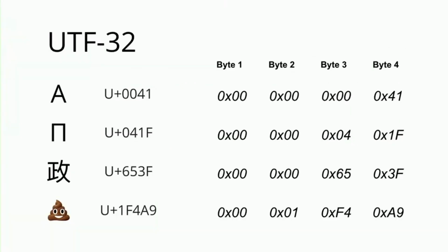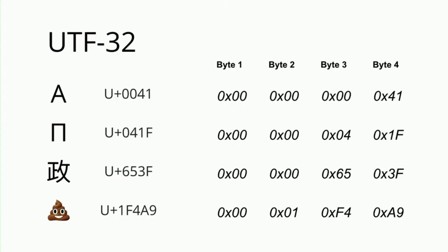And this is a quick look at how characters look in each encoding. So this is UTF-32. I've got hex encodings to represent each byte in the actual encoding on disk or in memory. And it's pretty simple. Index 41 corresponds to a zero-padded 41 binary representation, 653F, 653F.